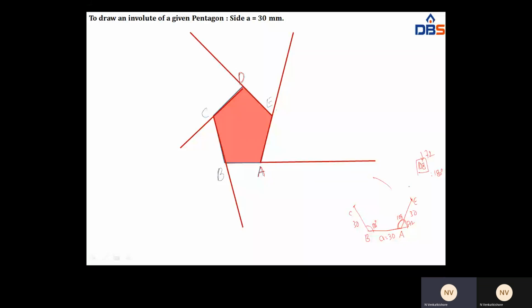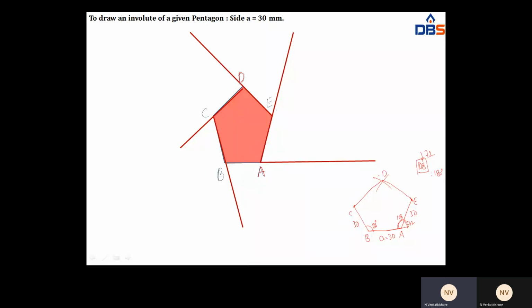From A, C, and E, with 30 mm length, from C and E, draw the two arcs. These two intersect. The point is called D. Okay, so like that, we need to draw the pentagon.